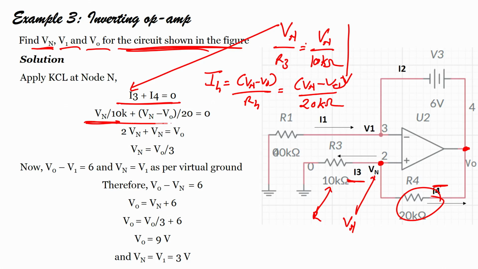This is what I have written here. When you solve it, you will find that Vn equals Vo by 3.